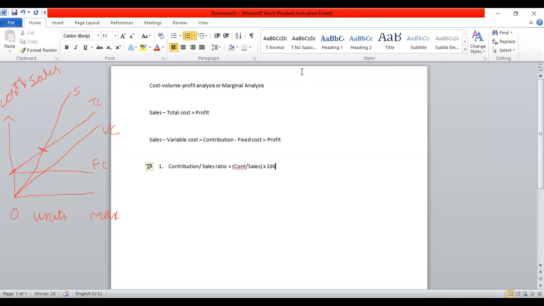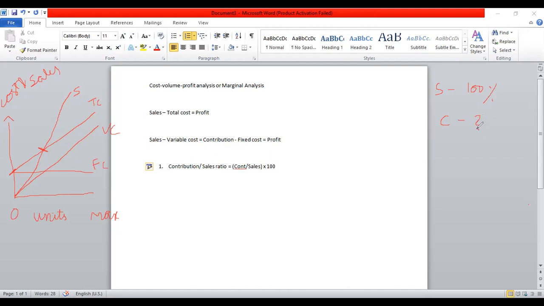What is the logic here? If sales is taken as the base, if sales is taken as 100%, contribution is also a profit. What is that profit? That is controllable profit. So the controllable profit margin, or the contribution margin, is how much? Contribution into 100 by sales. So that's the logic here for the first one.